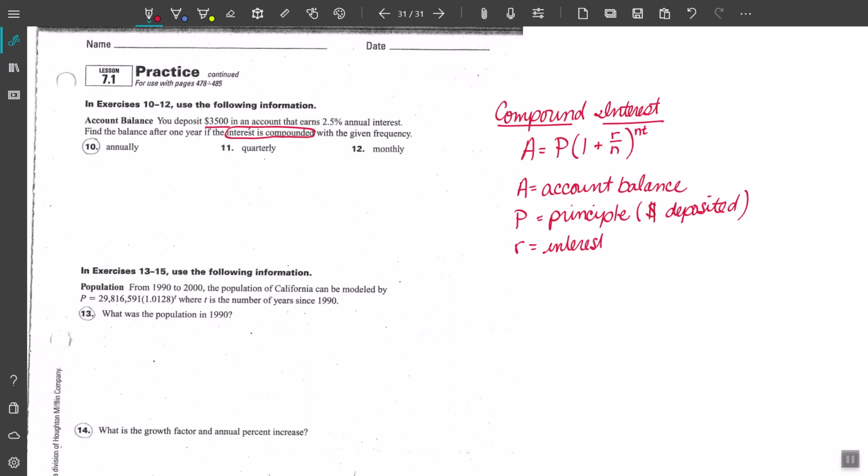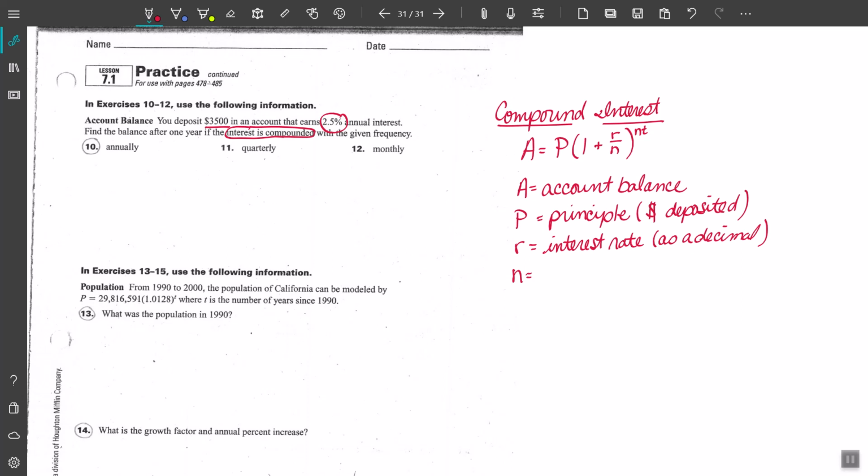Now the thing about the interest rate is that they're often going to give it to you in percent, which makes sense. Over here you can see that they've identified it as 2.5%. But when you plug it into this formula, you need to plug it in as a decimal. So we're going to have to convert the percent to a decimal by moving the decimal place over 2 spots to the left.